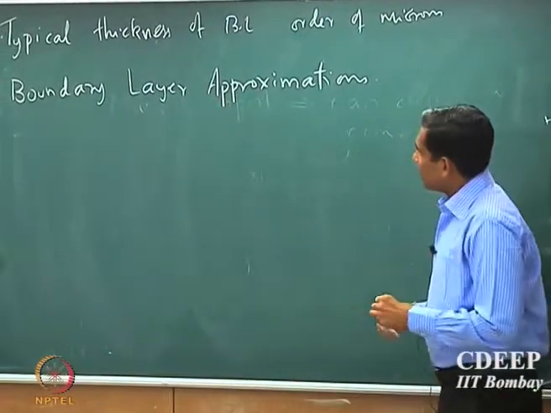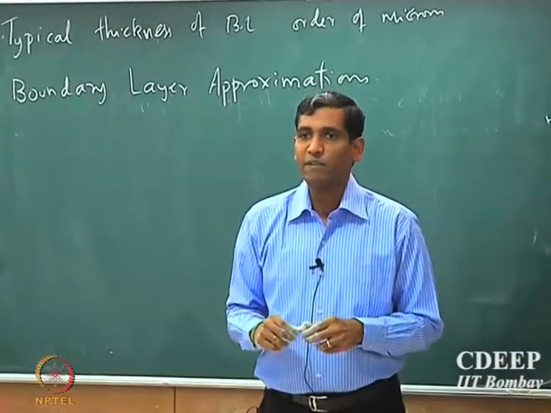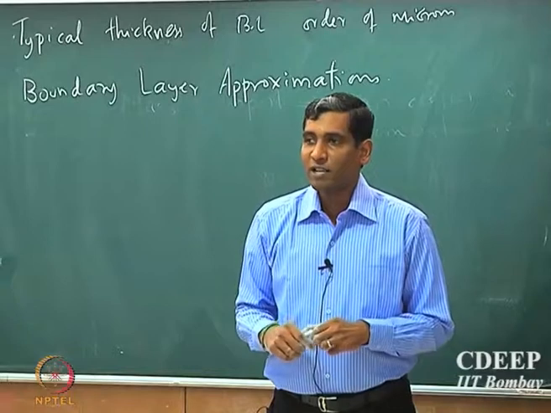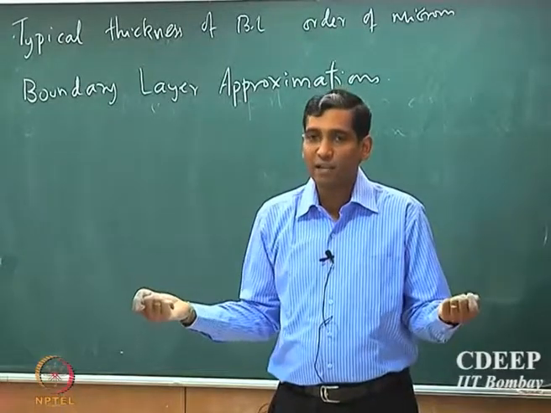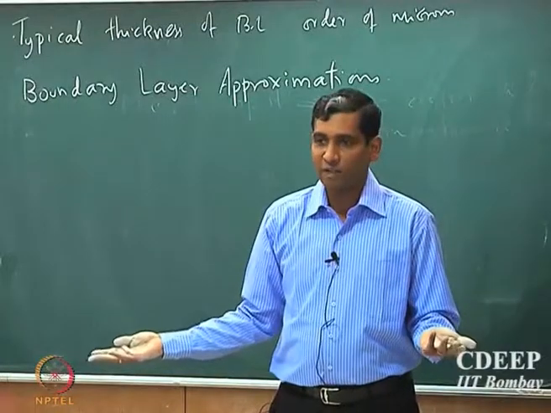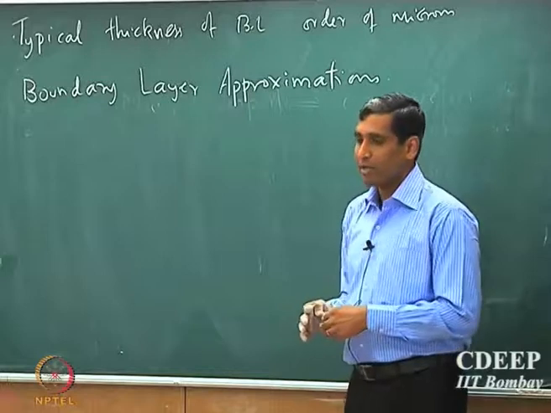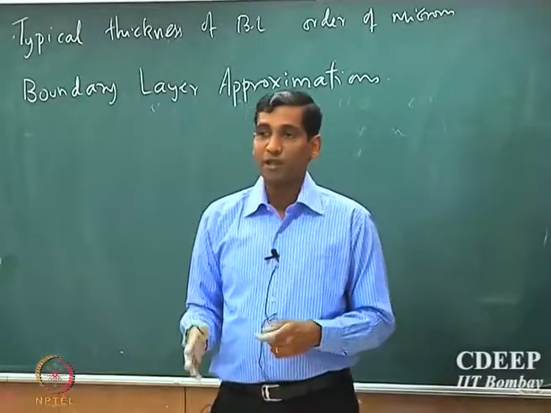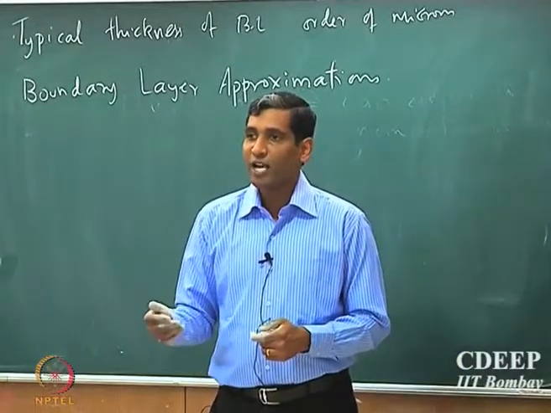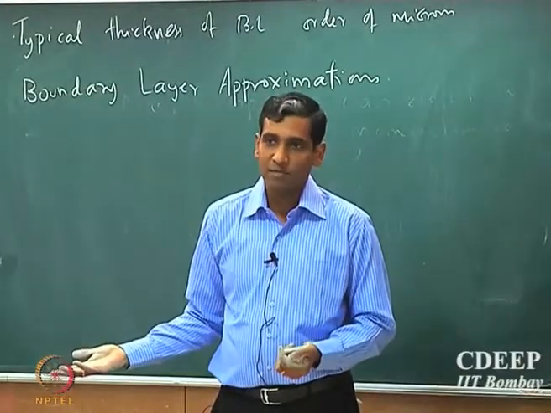So the boundary layer approximation, okay, so supposing we know that there is so much disparity in the length scale of the boundary layer compared to the actual length of the system that you are looking at, one could make certain approximations. So note that these are approximations, and we make this so that we can actually get some insight as to what is happening in this problem. Okay.